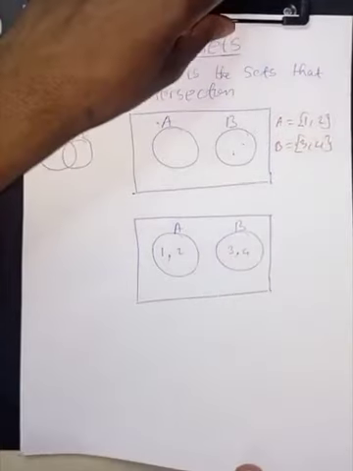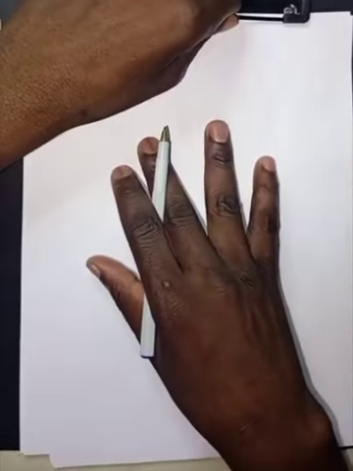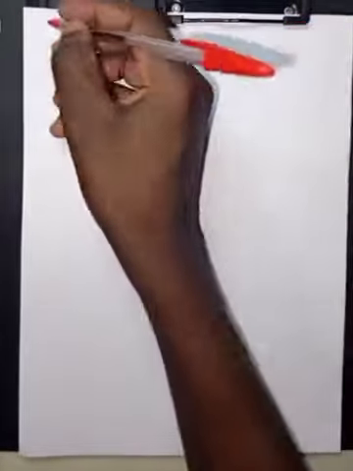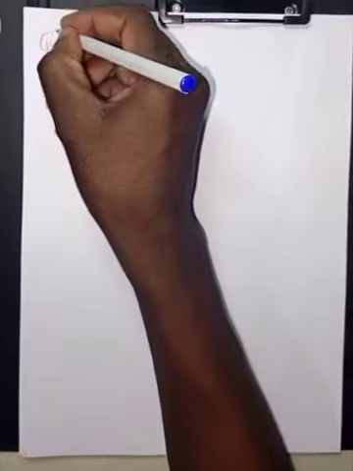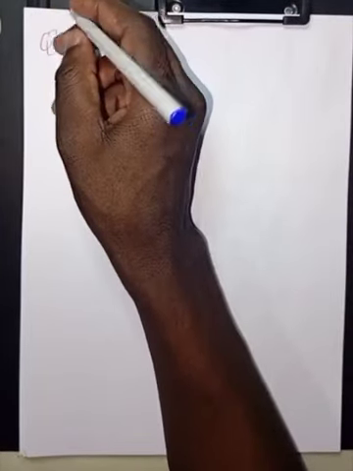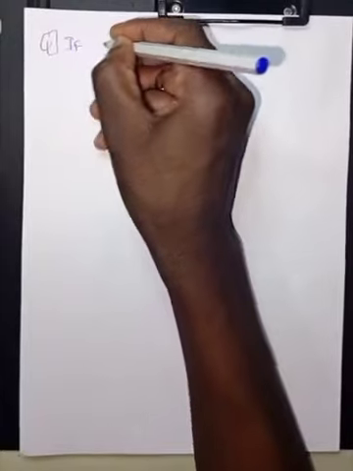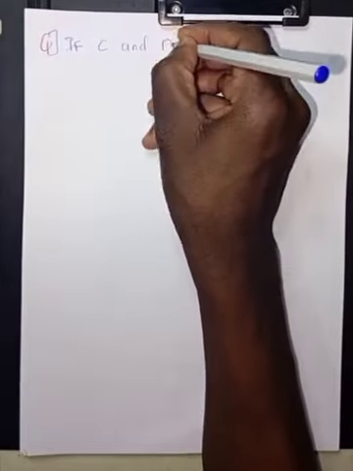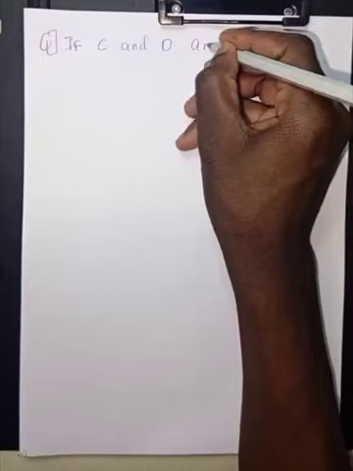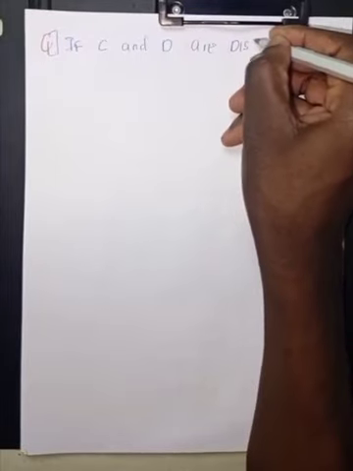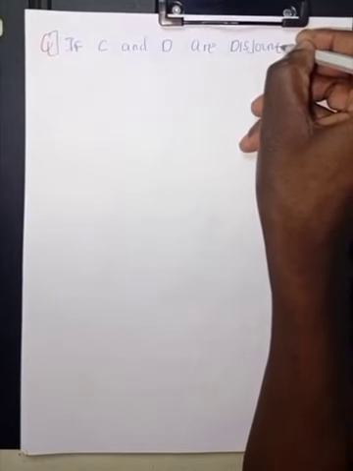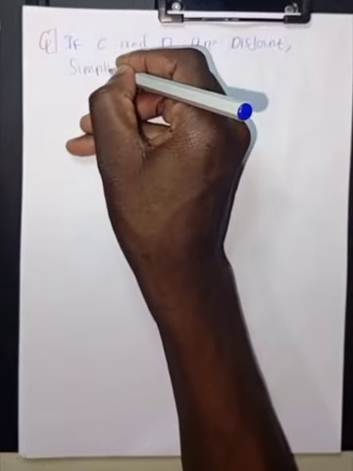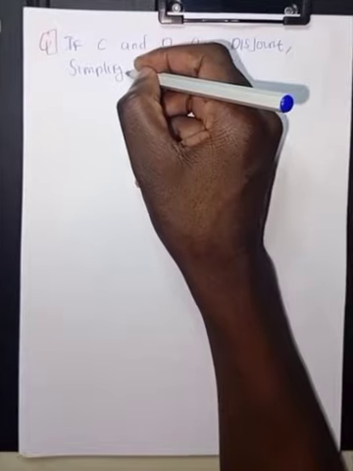Okay, so that's what we are talking about. Now, let's do some exam questions. So the question: if C and D are disjoint, then simplify the following.